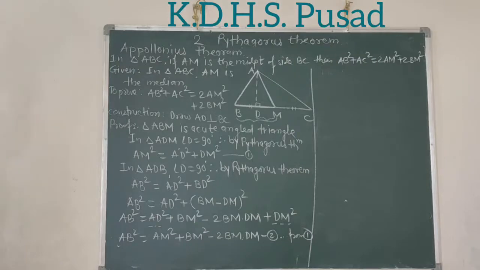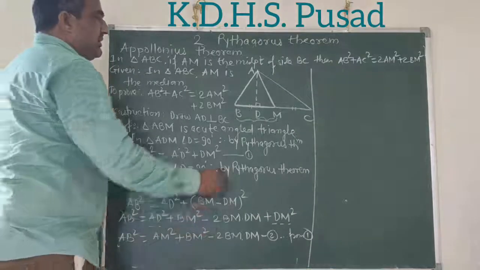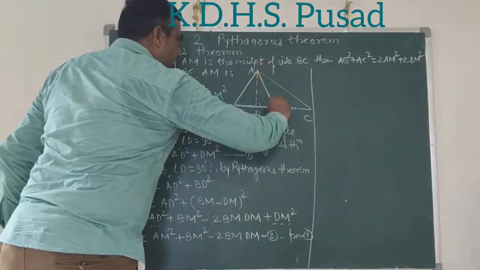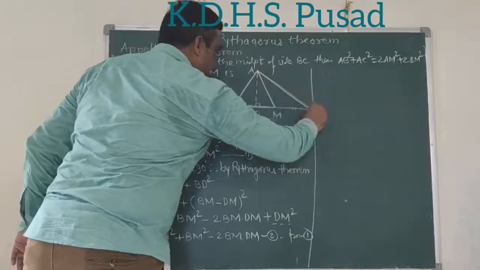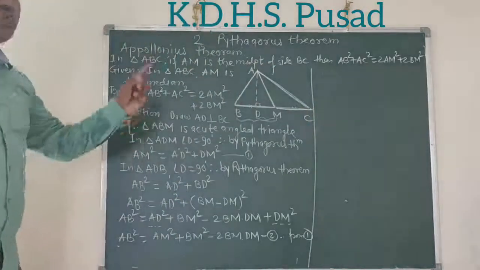Now in the same way, check triangle AMC. Triangle AMC is an obtuse angle triangle.